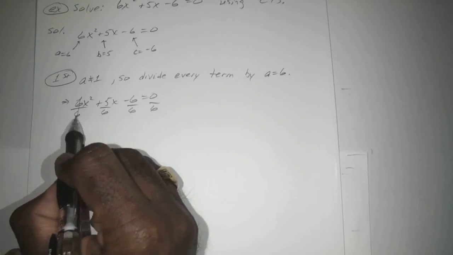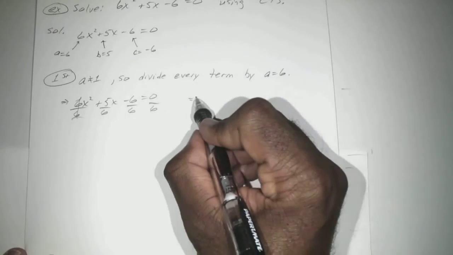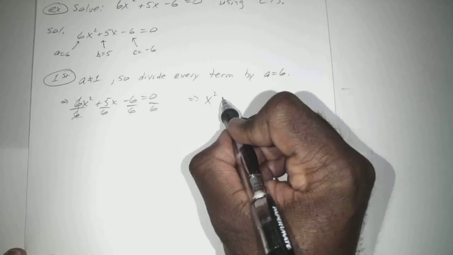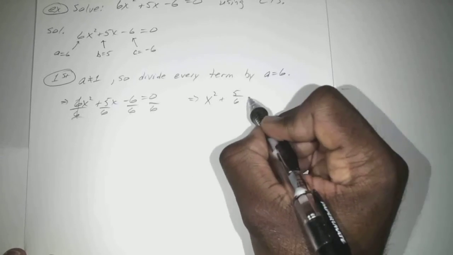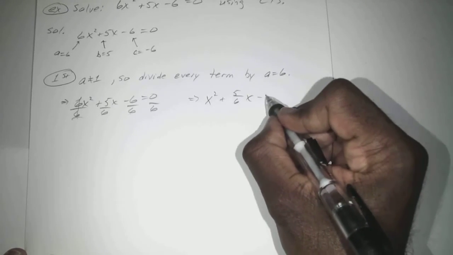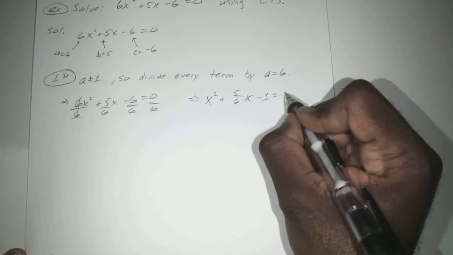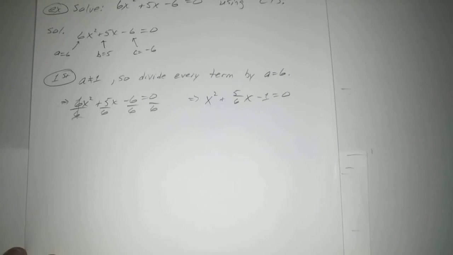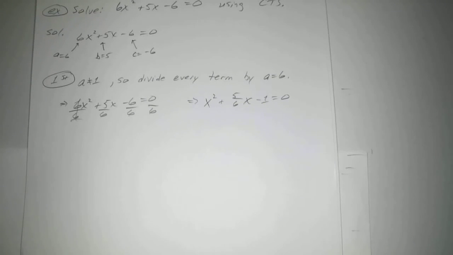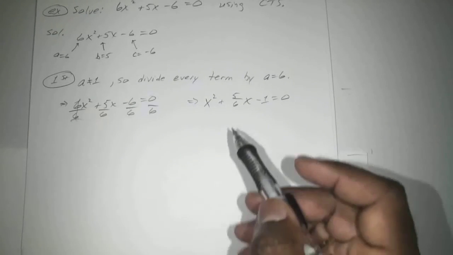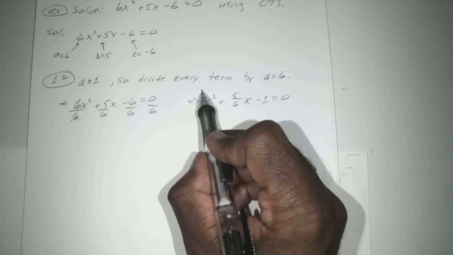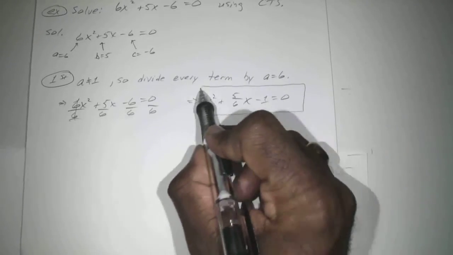Anything divided by itself is just 1. So that gives us x squared plus 5 over 6x minus 1 equals 0. So we have the same equation, we just tweaked it a little bit. We're no longer going to use the old one. We're going to use this one to complete the square.